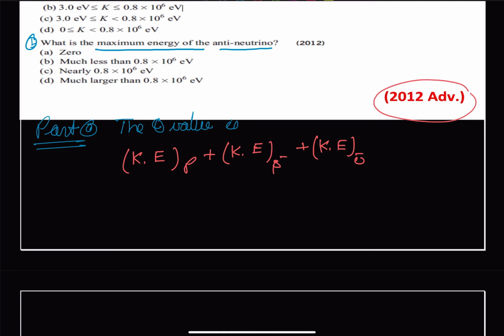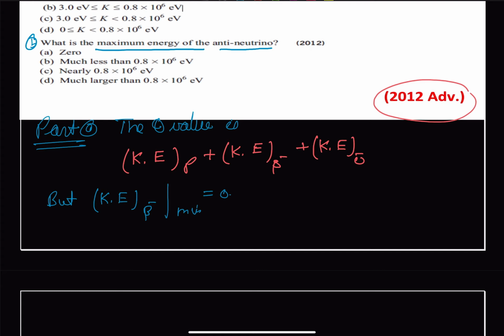And the kinetic energy of the beta negative, if it is to be taken as minimum, is 0.